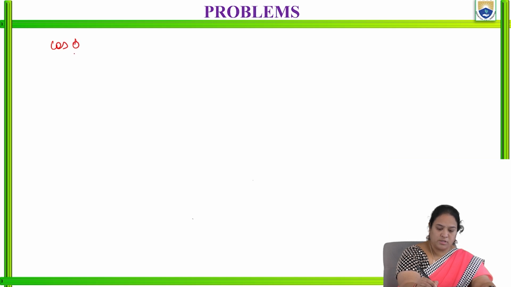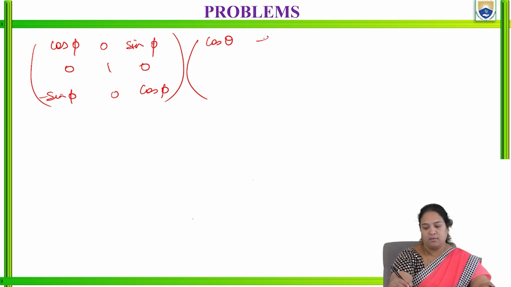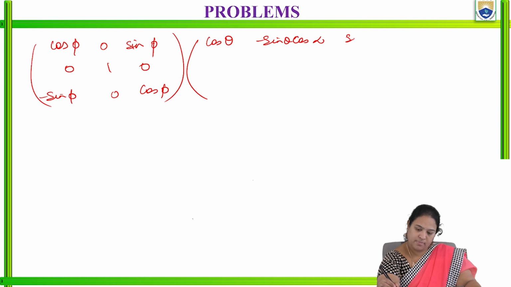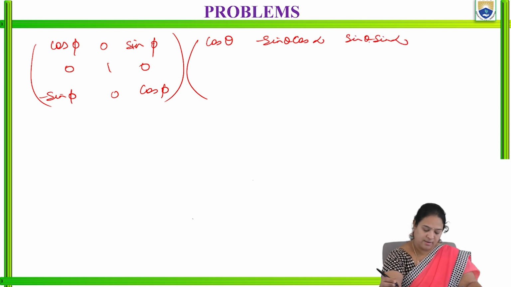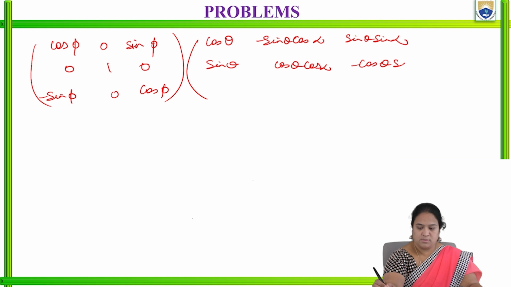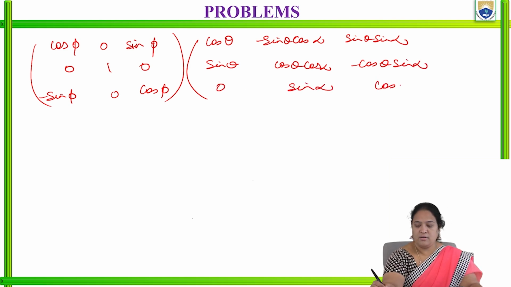What is Ry? Cos pi, 0, sin pi; 0, 1, 0; minus sin pi, 0, cos pi, into cos theta, minus sin theta cos alpha, sin theta sin alpha, sin theta, cos alpha, minus cos theta sin alpha, 0, sin alpha and cos phi.